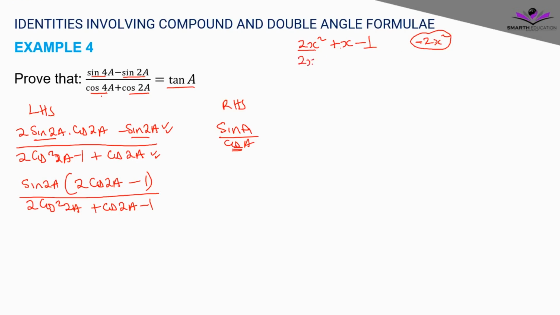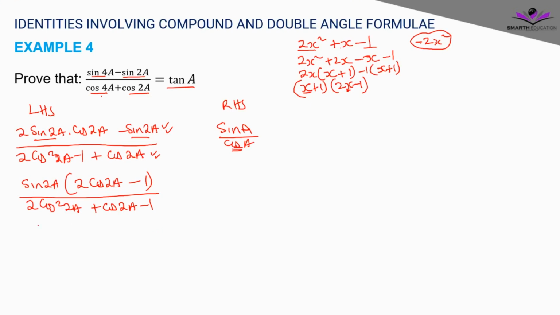It's going to be 2x squared plus 2x minus x minus 1. Then we factor out 2x here. Then get x plus 1. Then factor out negative 1 there. Get x plus 1. Right, then you get your x plus 1, then 2x minus 1.